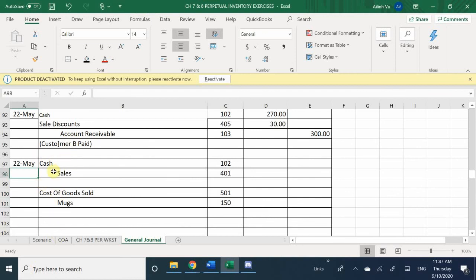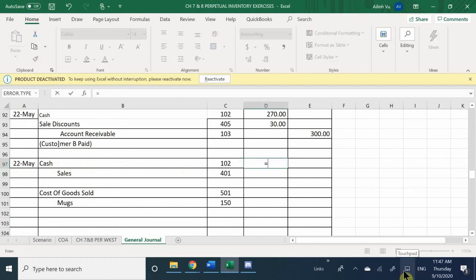Okay, so we just made another sale, right? It's with cash. So how many items did I sell? At $10 each.